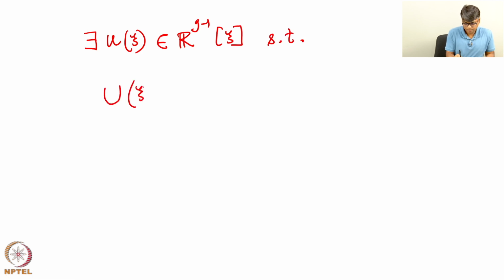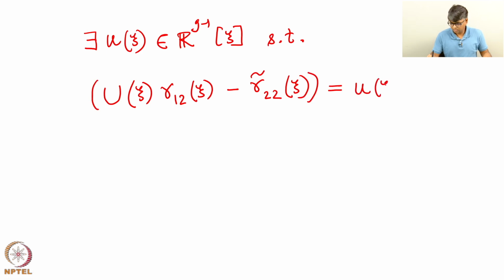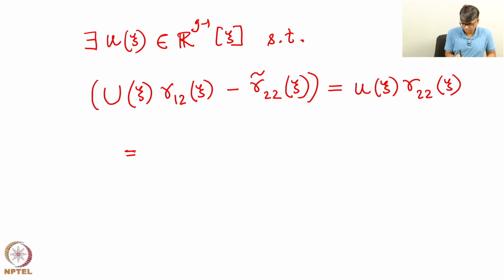U xi, such that u xi R12 xi minus R12 tilde xi is equal to U xi times R22 xi, or in other words, this is plus, right.